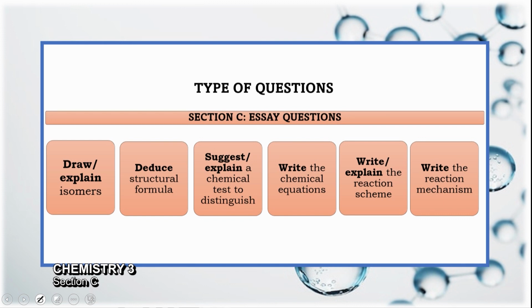Next, they can ask to write the chemical equations involved in the reaction, or to write or explain the reaction scheme, and last, they can ask to write the reaction mechanism. So we take a look at an example question.